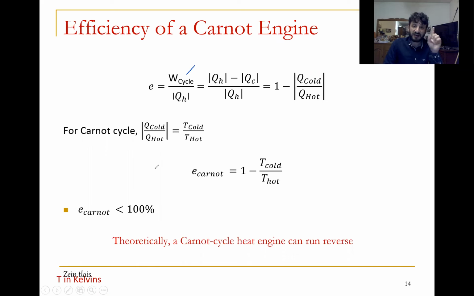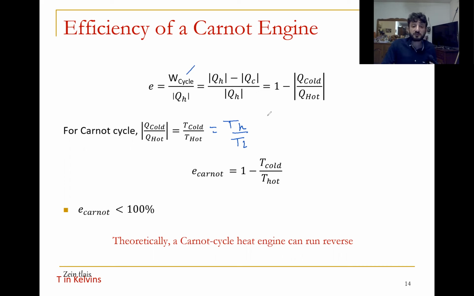For a Carnot cycle, Q cold divided by Q hat equals T cold divided by T hat, or T low divided by T high. Okay, in the next videos, we will calculate this relation.